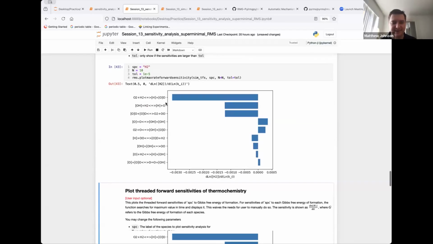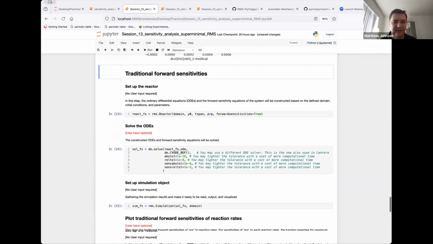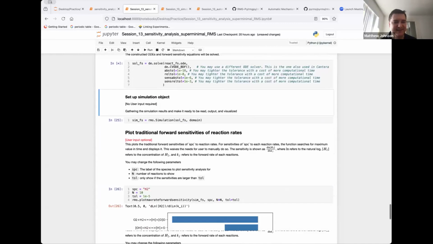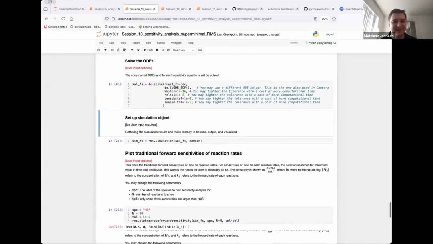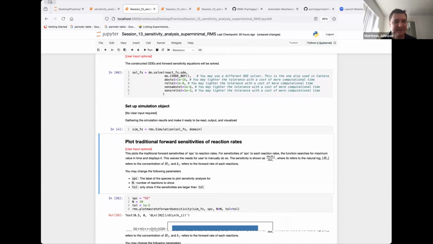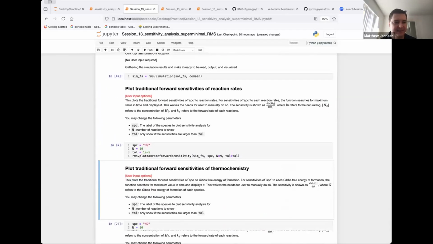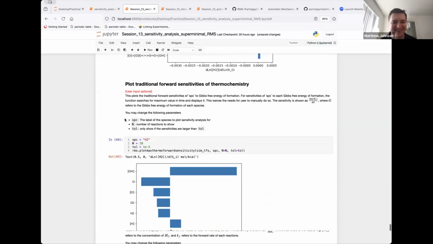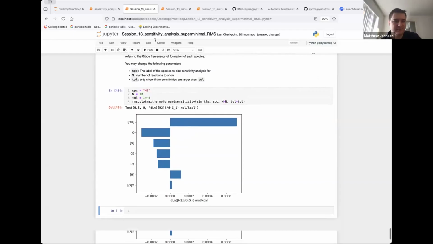As you can see here, we get the same results. And then you can also do traditional. I don't do traditional. It's worse in every way than threaded sensitivities. But it should give us the same results here. So we're consistent, right? Good sign. All right. Let's get back and answer that question.